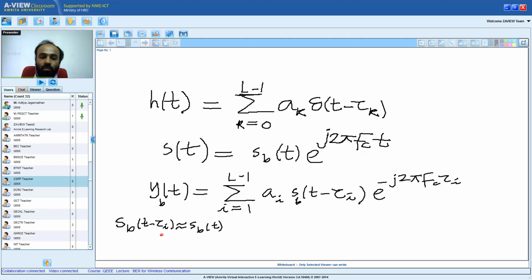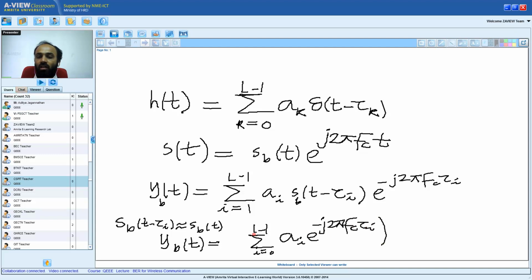So what is the received baseband signal, y_b(t)? It equals the summation, i equal to 0 to L minus 1, of a_i e power minus j2π f_c tau_i times s_b(t).